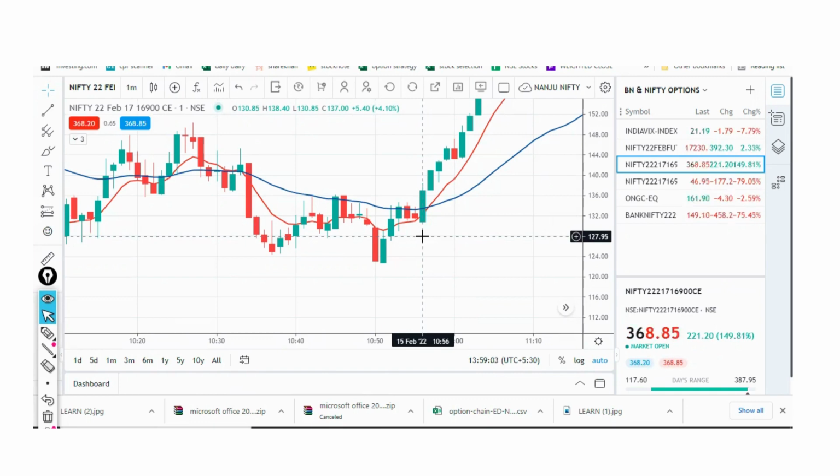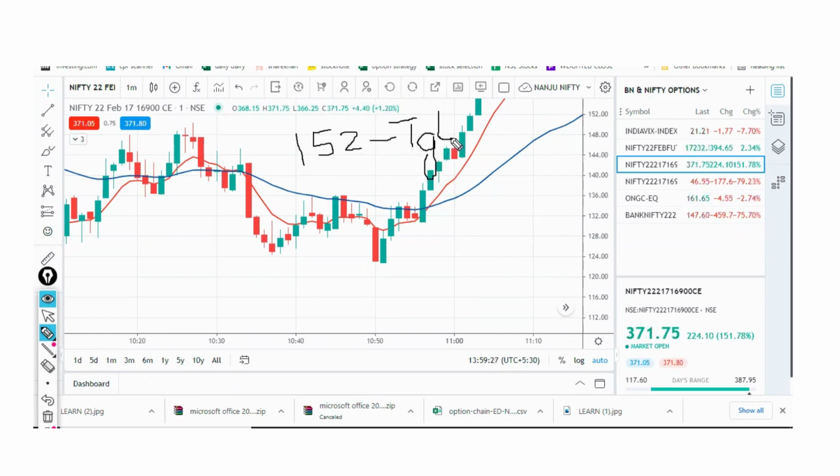So 138 plus 14 is 152. 152 is my target. So it's easily achieved here. This is the target. And 7 points stop loss.